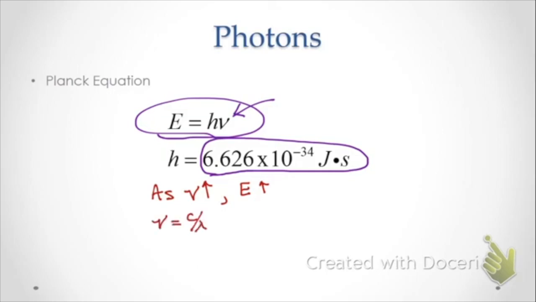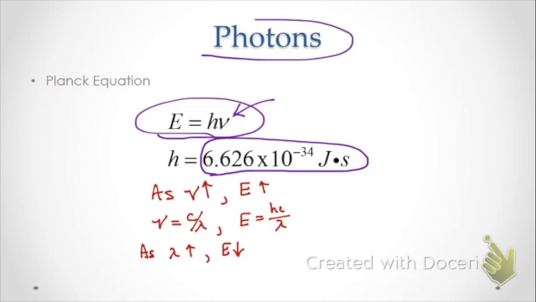All right. And because frequency is inversely proportional to the wavelength, we'll note that energy is therefore also inversely proportional to the wavelength. So as the wavelength increases, the energy decreases. Now, this is the energy corresponding to these particles of light, which you now know we refer to as photons.